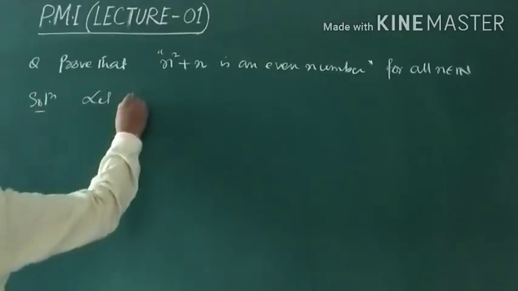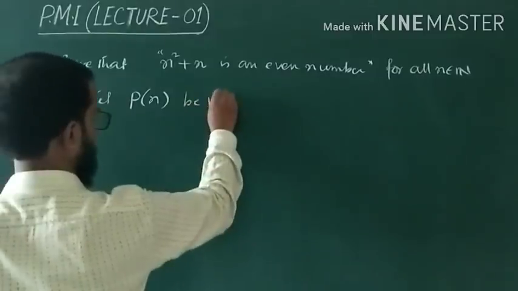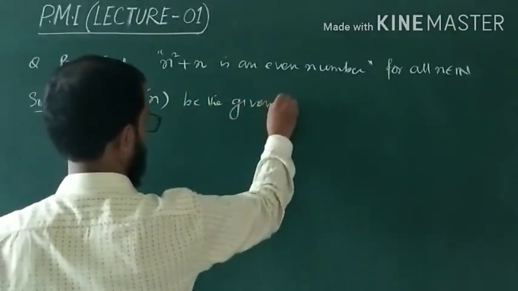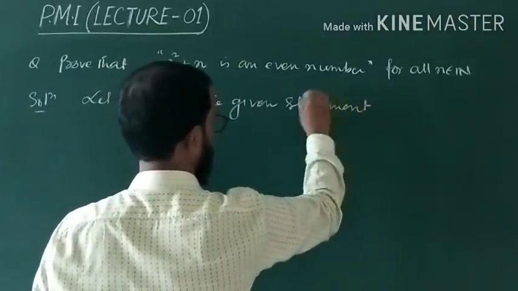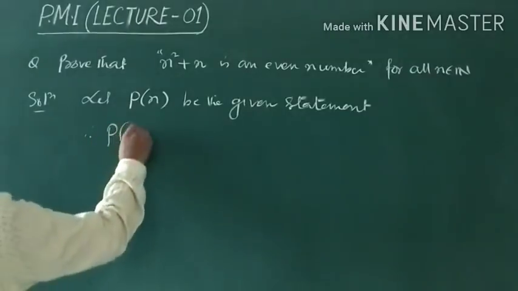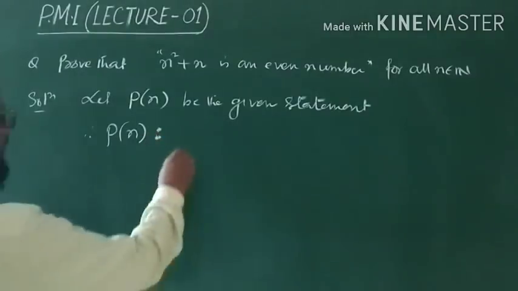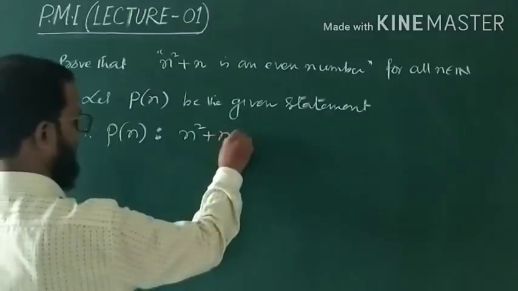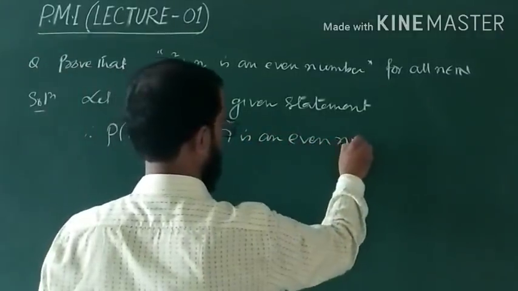Let Pn be the given statement. Pn is such that n square plus n is an even number.